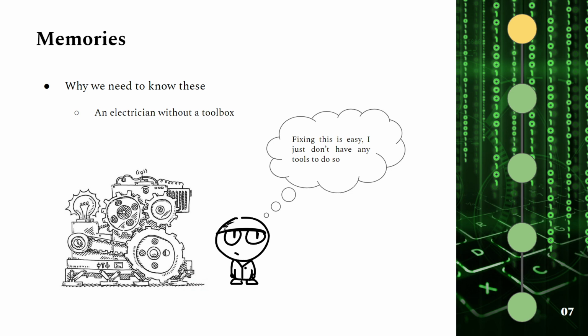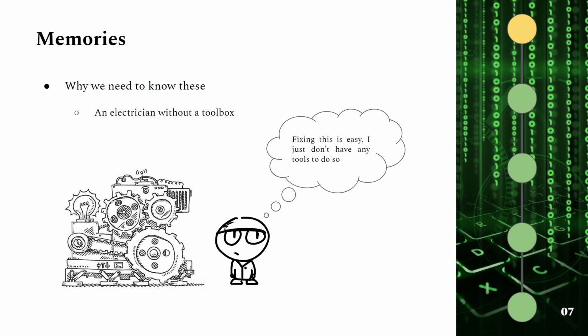We need memory. If you just learn coding and that's all, you will know how to fix things but not have the tools. It is like you are a technician and you are given an engine, and you say yes, I can fix it easily, but I don't have the tools.